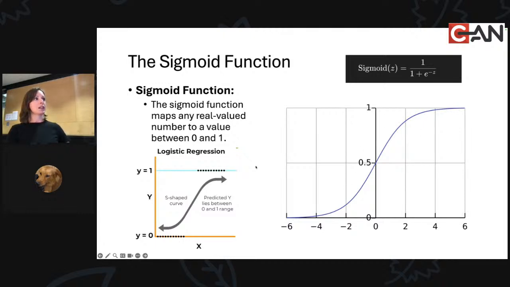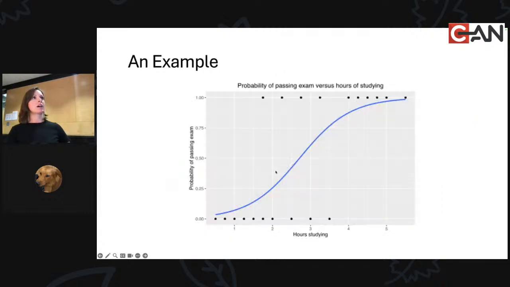Let me see if there is anything else. The times in which this is relevant to use, let me see what my next slide is. Maybe the next slide's a better example of this. Here's what I want to say. The reason this is powerful, what do I mean when I say it maps real value numbers to a probability?